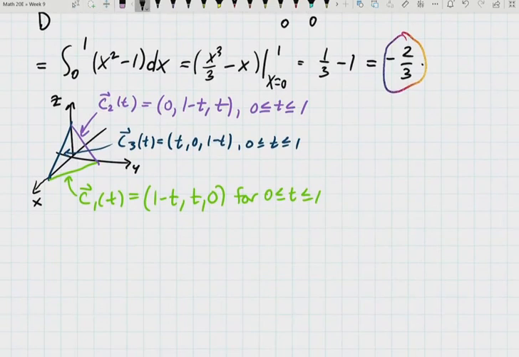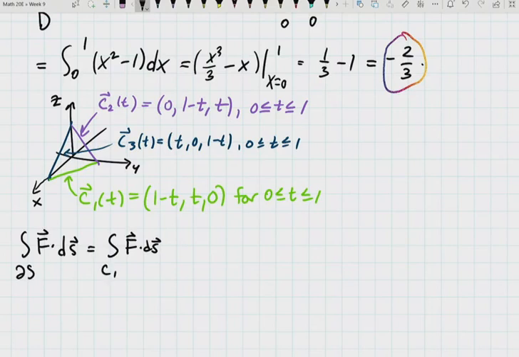So let's integrate over these three line segments, because the integral of F over the boundary of S will be the integral over the first one, plus the integral of F over the second one, plus the integral of F over the third one.